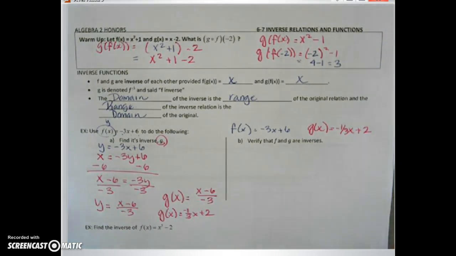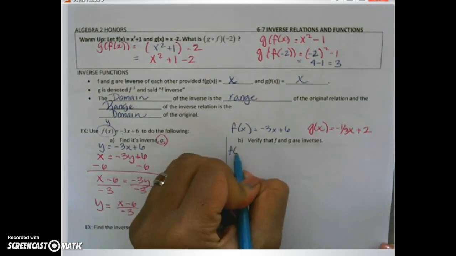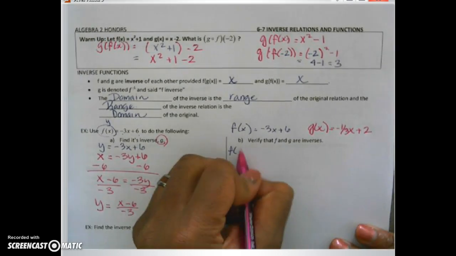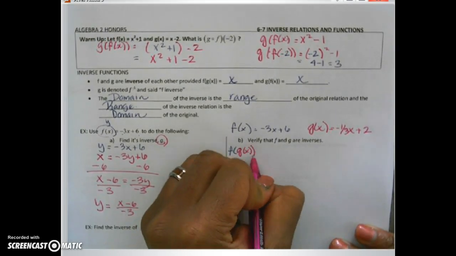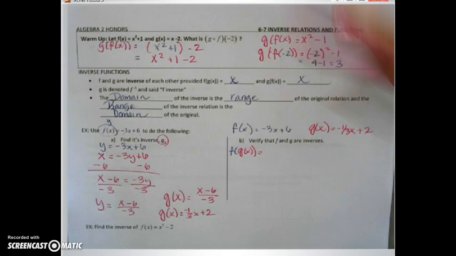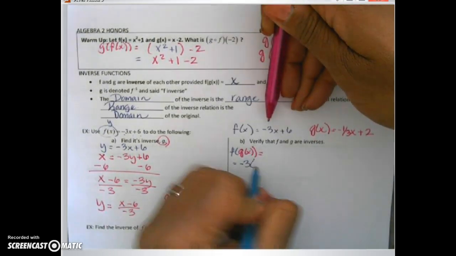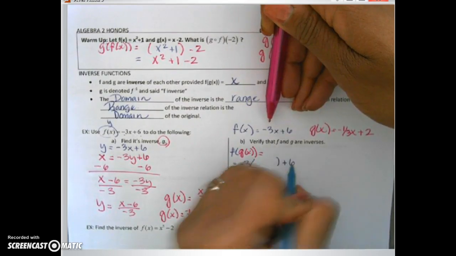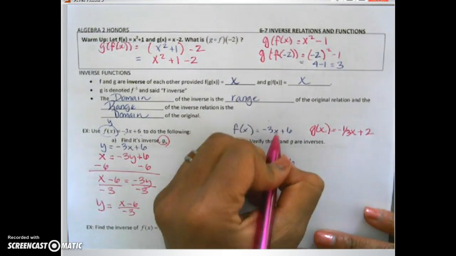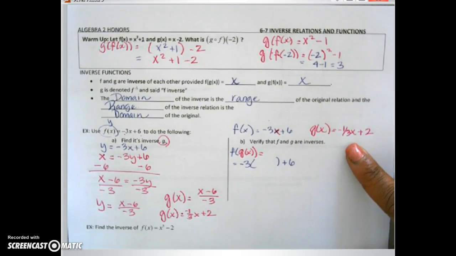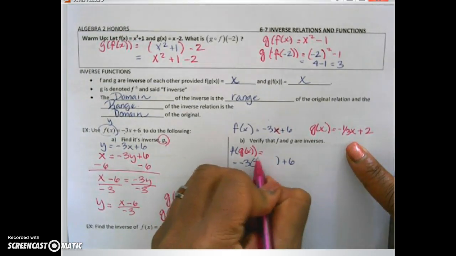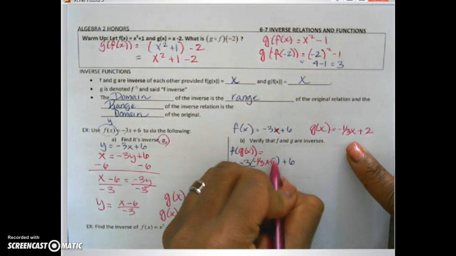Okay, so my verification, I'm going to find f of g of x. So I'm going to start with f of x, which is here. And I have negative 3x plus 6. Now, instead of x, I'm plugging in g of x, this whole function right here. So negative 1/3 x plus 2.